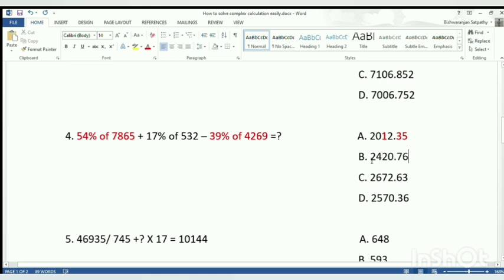In here we have to sum everything. 2 plus 4 plus 2 is 8, 8 plus 7 is 15, 15 plus 6 is 21. 21 means 2 plus 1 is equal to 3. So this is also not our answer. B is not our answer. C. 6 and 3 will become 9, so we'll eliminate this. 7 plus 2 will be equal to 9, so we'll eliminate this. So 6 plus 2 is 8. So this is our answer.